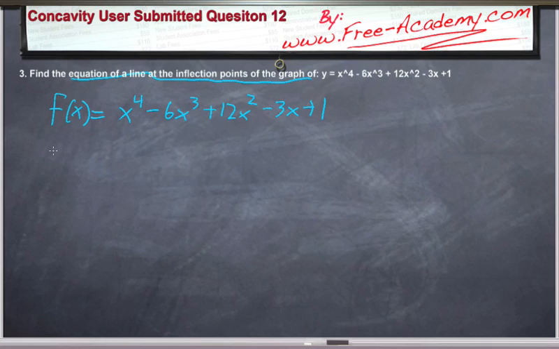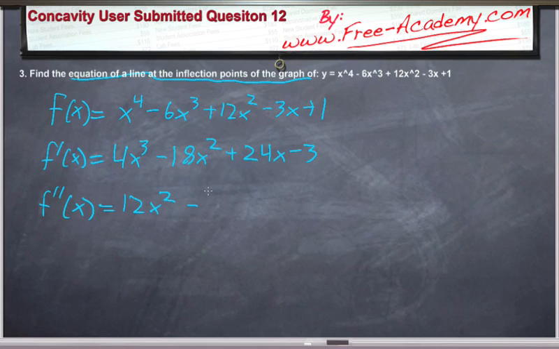So to do this, first of all, we're going to need the inflection points, which means we're going to need the second derivative. To get the second derivative, we have to find the first derivative. Plus 24x minus 3. And the second derivative is going to be equal to 12x squared minus 36x plus 24.